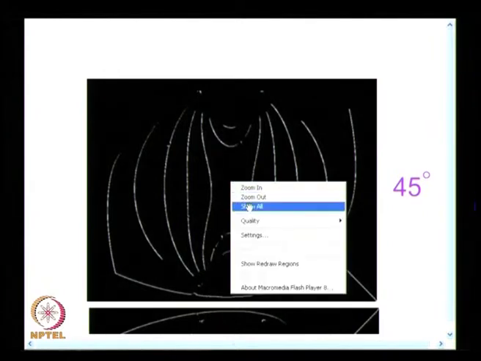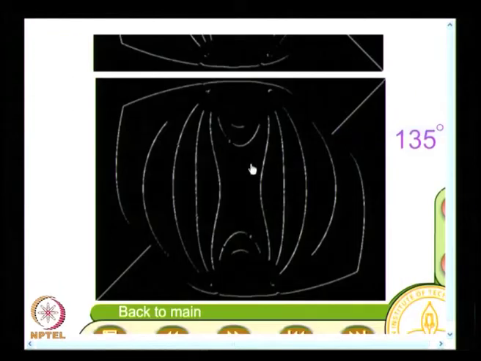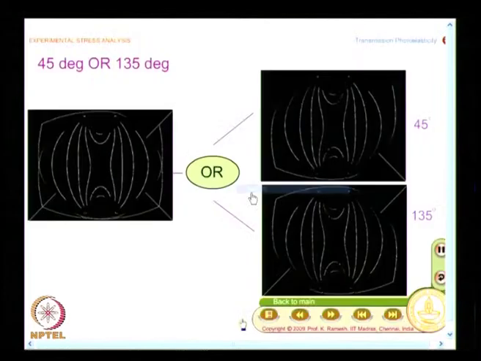If I look at the other scan, 135 degrees, it complements: where I got information in the 45 degree scan, I do not get information in the 135 degree scan, but I get the information missing in the other scan. So, I do orthogonal scans, I get the complementary data from each, and do a logical OR operation. When I do a logical OR operation, I get this.